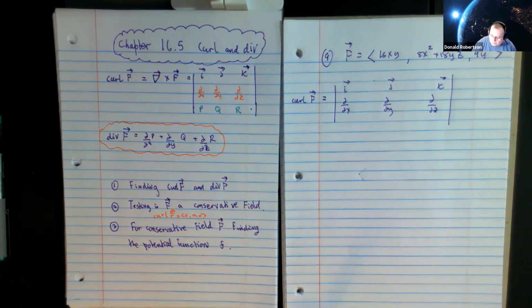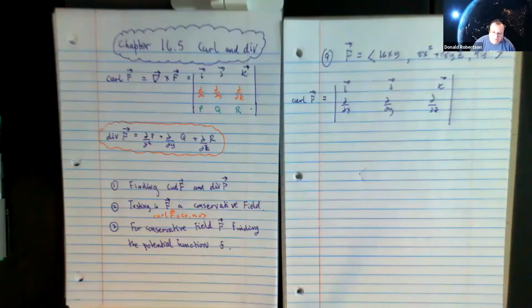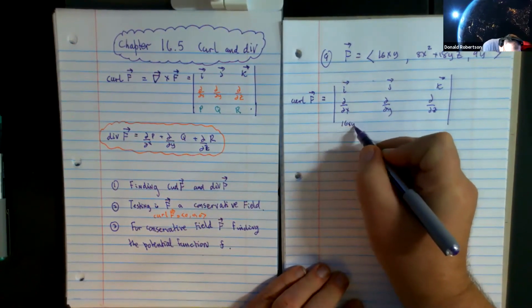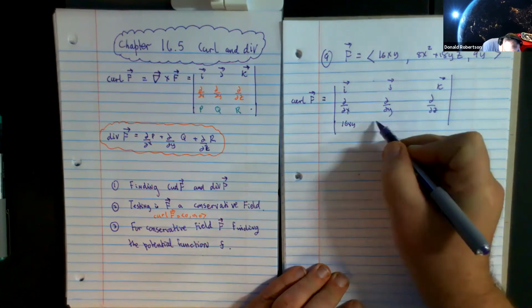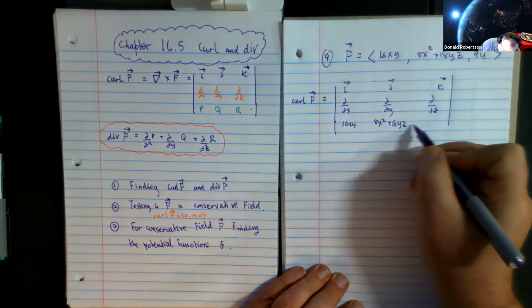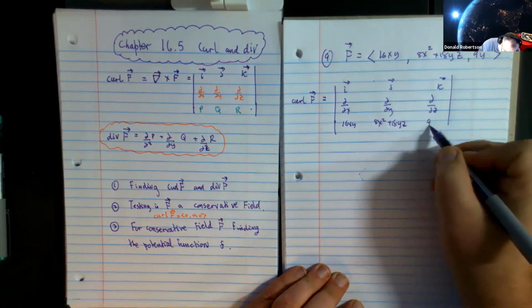Okay, let me just pause for a minute in case anybody's turned up late. No, we're good. And 16xy goes here. 8x squared plus 18yz goes here. And 9y squared goes there.